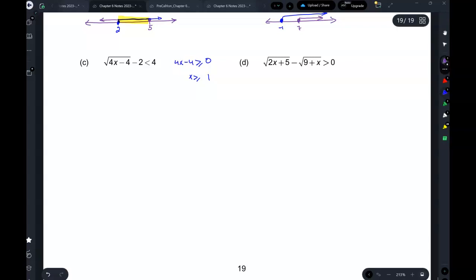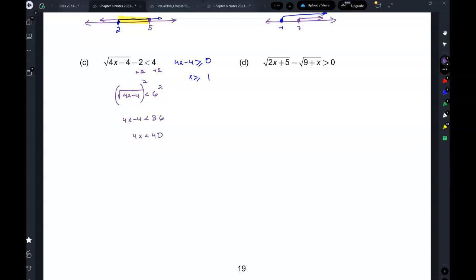Okay, so here, add 2. The square root of 4x minus 4 is less than 6. Square both sides. 4x minus 4 is less than 36. 4x is less than 40. X is less than 10. So let's see now.